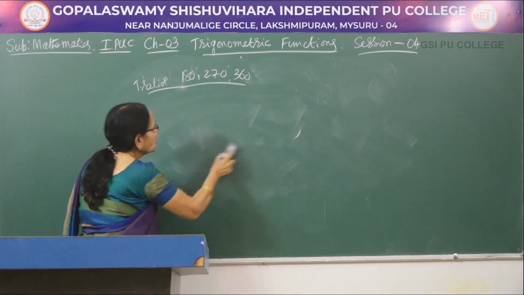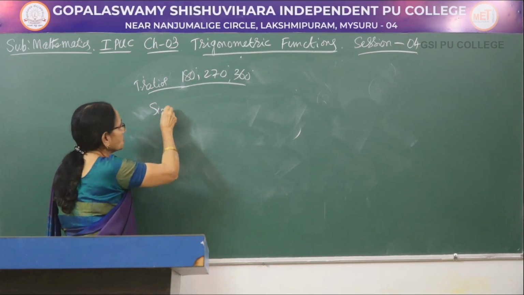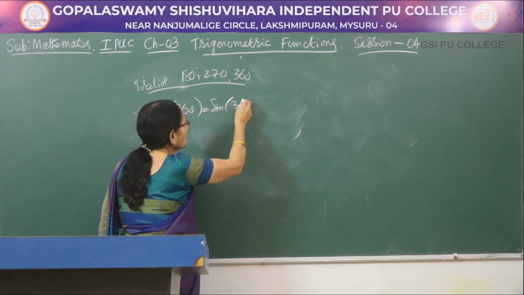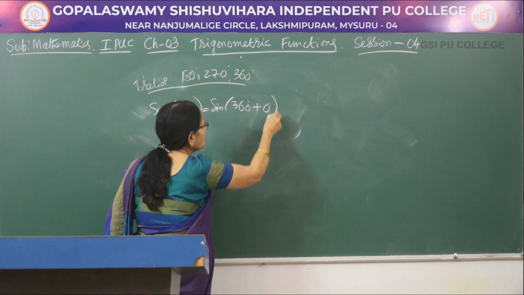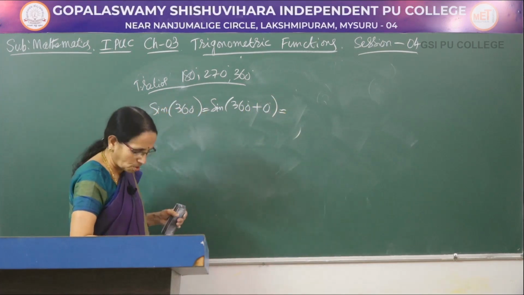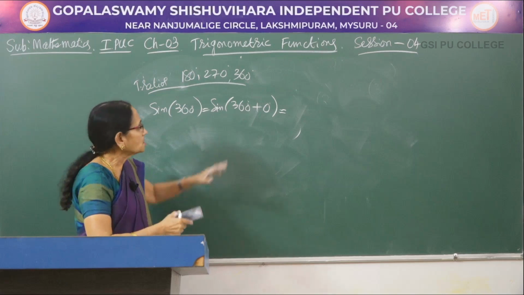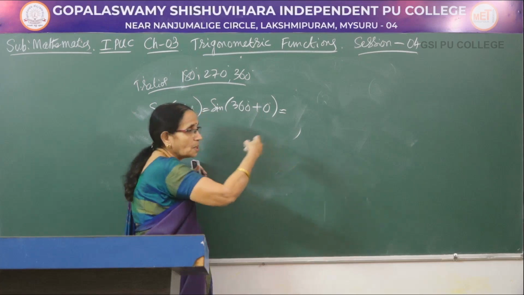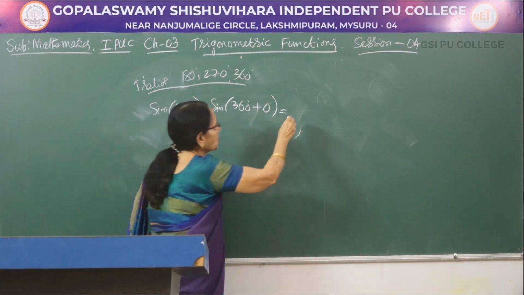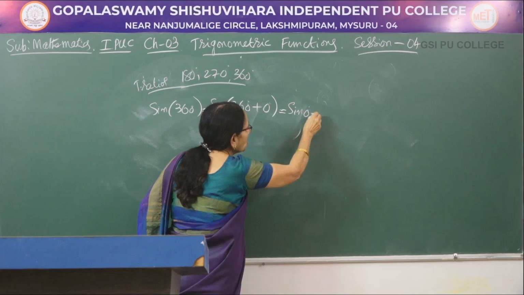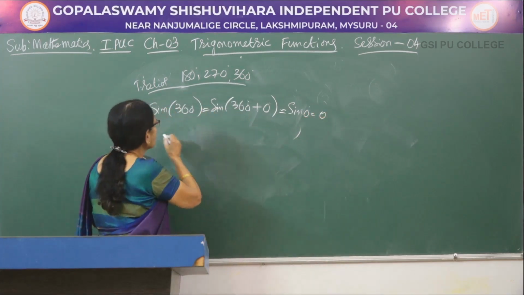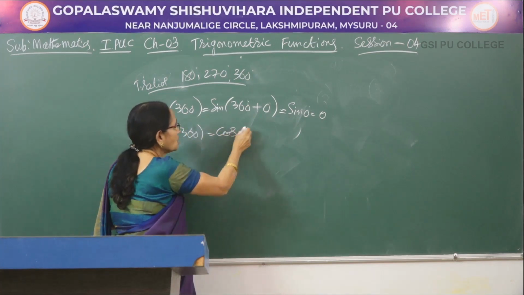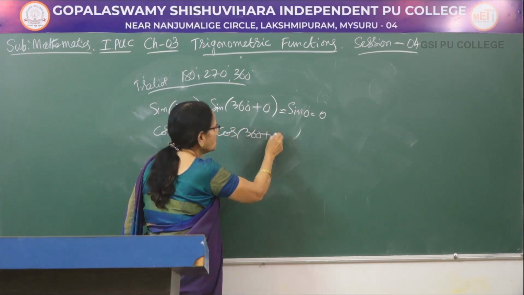And finally, we go to 360. Now, you can write sine of 360 as sine of 360 plus 0. 360 minus 0 or 360 plus 0 does not make any difference. 360 plus something means we will be considering the first quadrant. After completing one round, we go back to the first quadrant. It is sine 0, which is 0. Similarly, cos of 360 is cos of 360 plus 0.